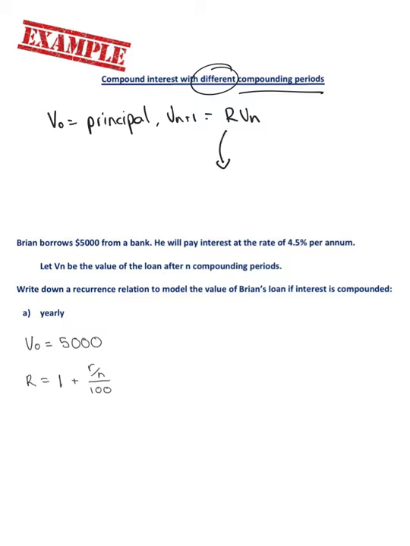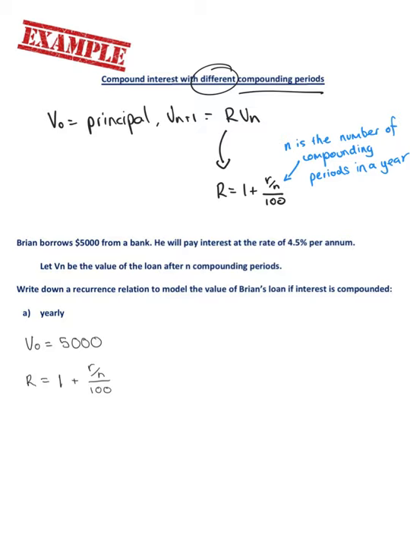From now on, you're going to consider R as R equals 1 plus R over n over 100. So that's R divided by n divided by 100. But what is n, you ask? Very good question. So n is the number of compounding periods in a year.